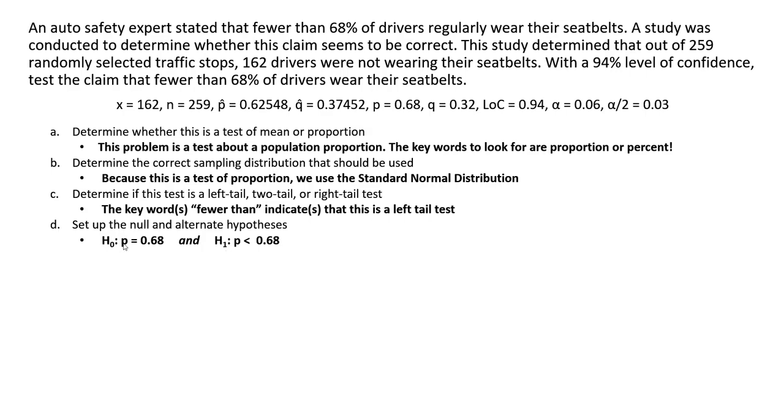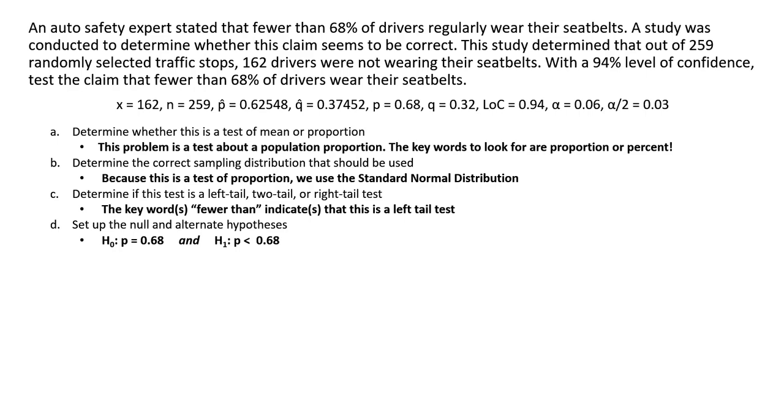The null hypothesis for a test of proportion will always get P equals. It's because that's the number we're testing against. Since this is a left tail test, and we determine that by the keywords fewer than, our alternate hypothesis is P is less than 0.68.